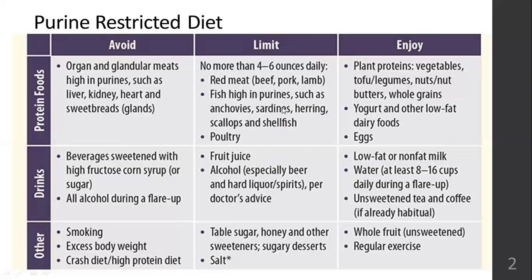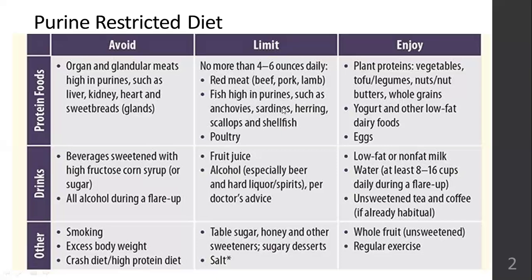Alcohol also, especially when you have a flare up, has to be completely avoided. Limit fruit juices, alcohol, especially beer, any hard liquor, spirits and all. What you can enjoy drinking: non-fat milk, low-fat milk. Enough hydration should be there, so drink enough water. Unsweetened tea and coffee.